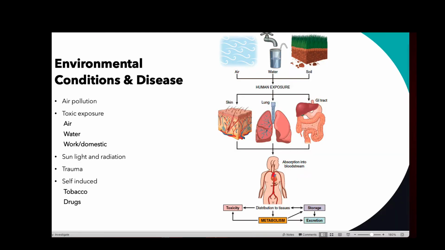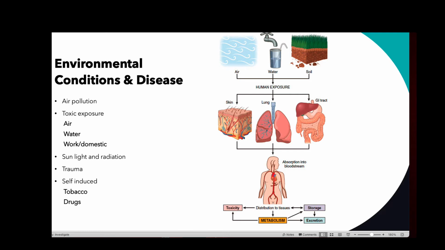So what we're going to talk about in the first part of this chapter is environmental conditions and diseases. And this is where we're going to go quickly through it because this part truly doesn't have much relevance to what we're talking about with kinesiology, but it is important to understand how environment can play a role in the development of disease.